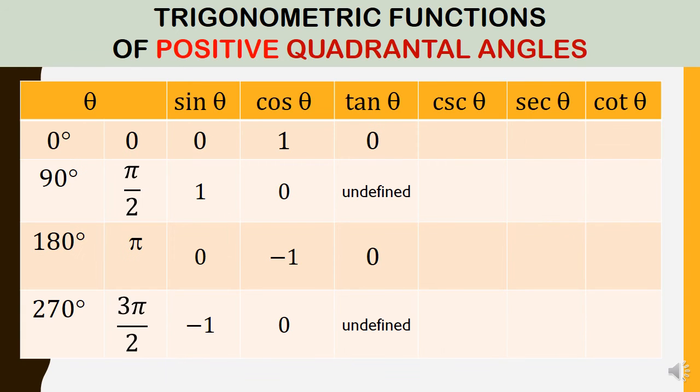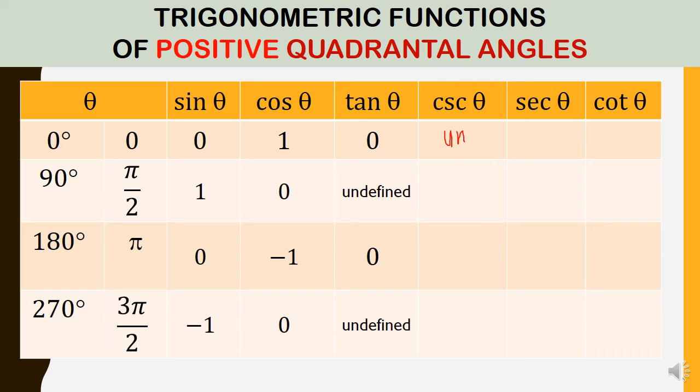What about the other three? Yan, syempre, hindi naman natin kakalimutan si cosecant, secant, and cotangent. Okay? Yan, so, let's start muna with cosecant. Cosecant is the reciprocal of sine. Okay? So, reciprocal ng sine is 1 over 0. So, this will be undefined. 1 over 0 is undefined.